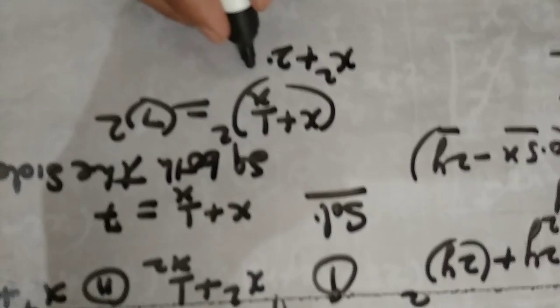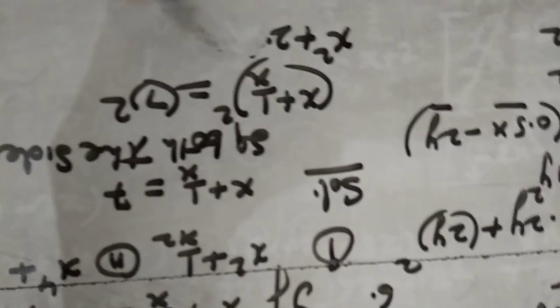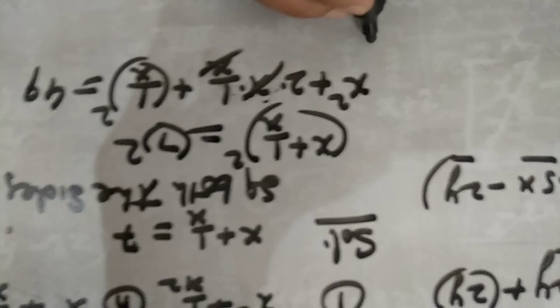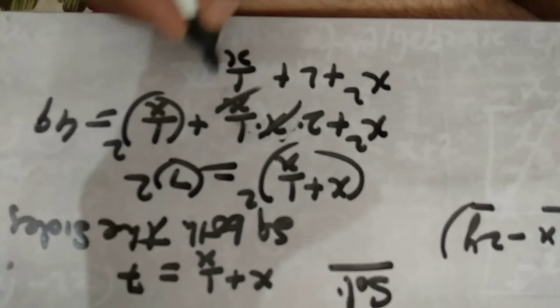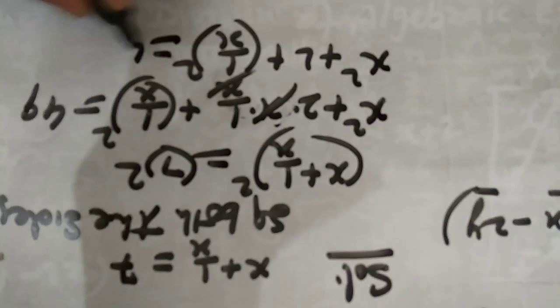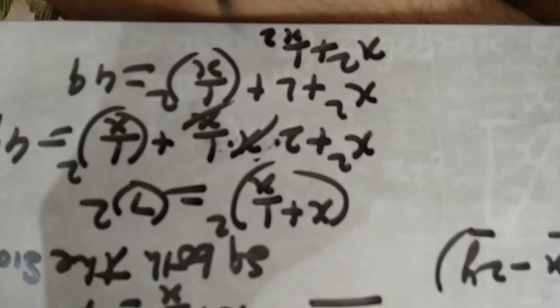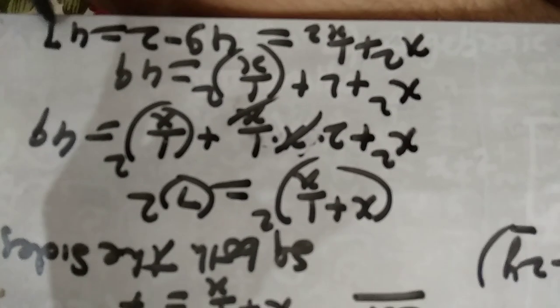Now write a square using the first formula, 2ab, a is x and b is 1 by x, plus b square. 7 square is 49. X cancels out. You can see x square plus 2 plus 1 by x square is 49. Means x square plus 1 by x square is equal to 49 minus 2, 47.